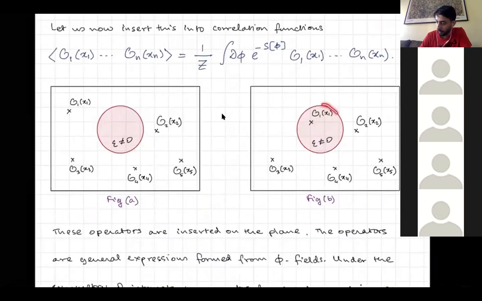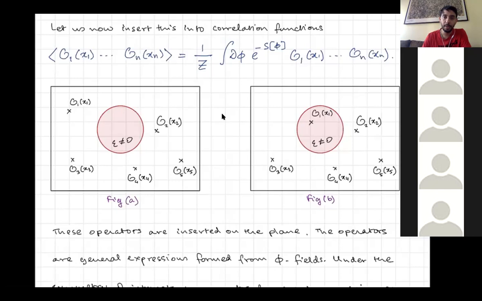So it will be this. Epsilon is non-zero. You could obviously have something like this and something like this and so on. What you need to do is choose things in such a way that you're going to sum over all of these guys.